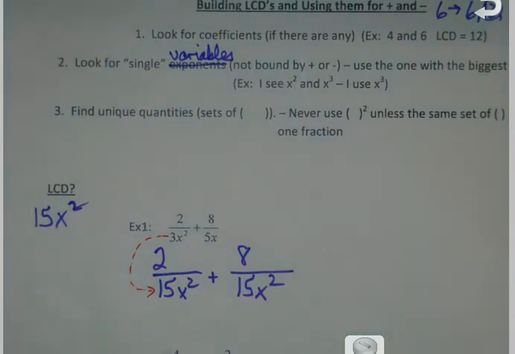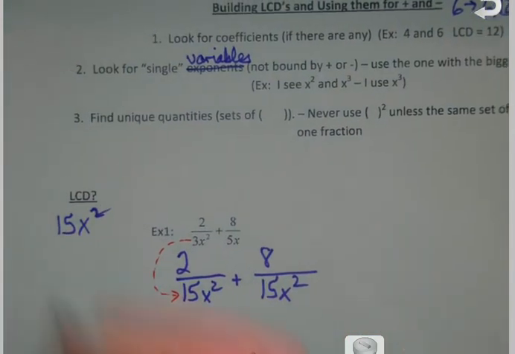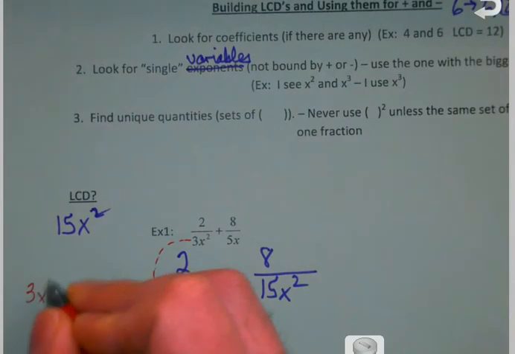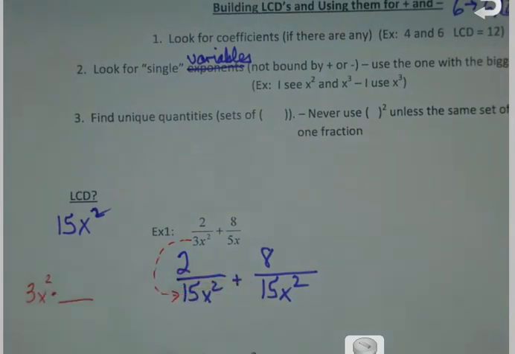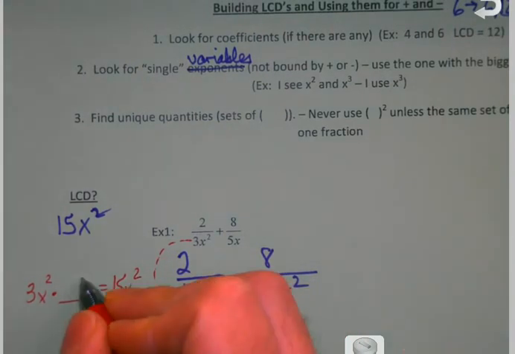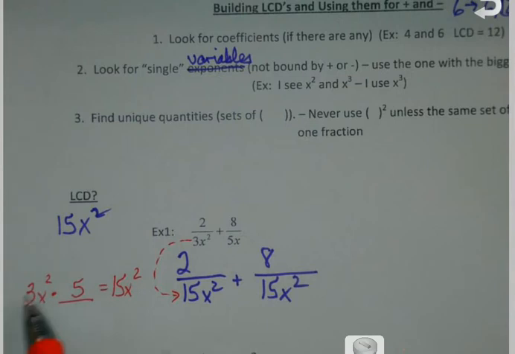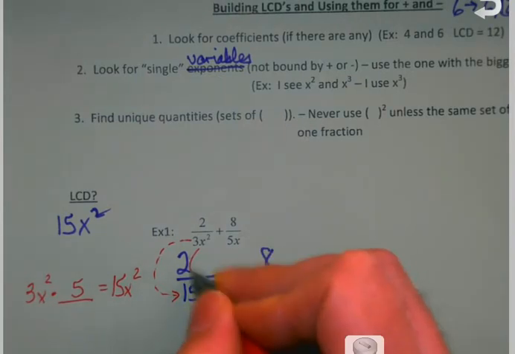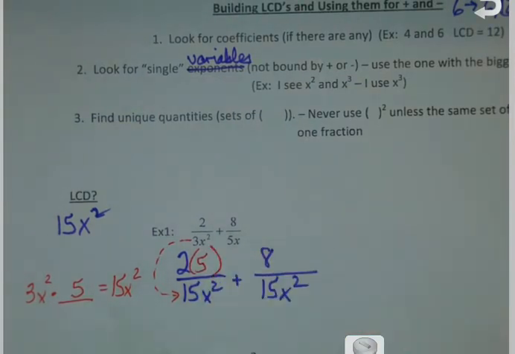In other words, and I'll do a little side work here, 3x squared times something equals 15x squared. Whatever that value is, in this case, that would be 5, because I already have the x squared, and 3 times 5 is 15. That's the value that's going to go into my numerator to keep equality.